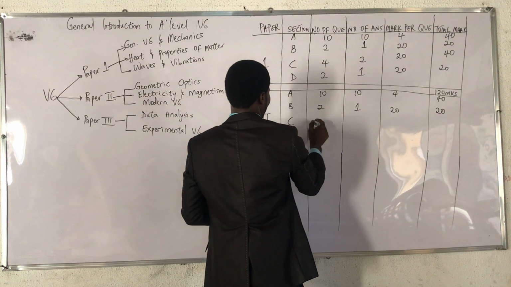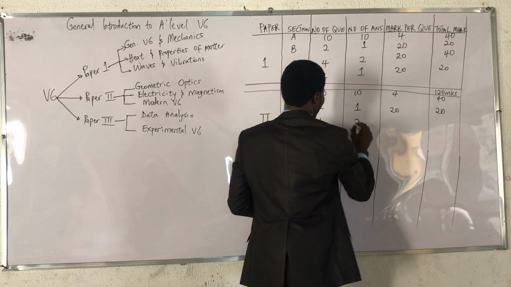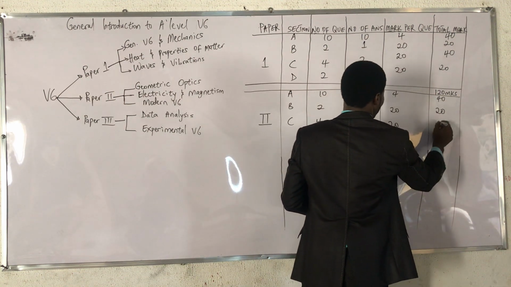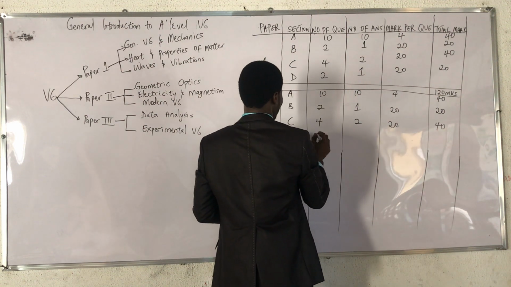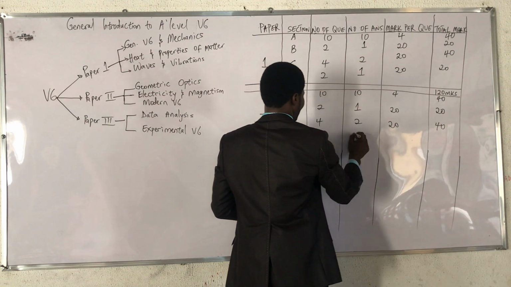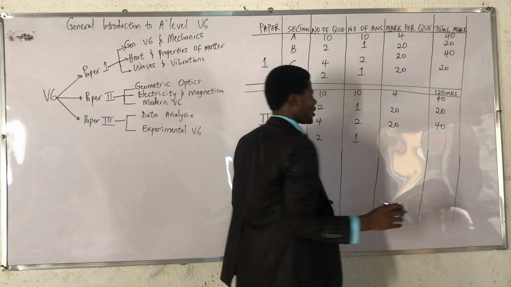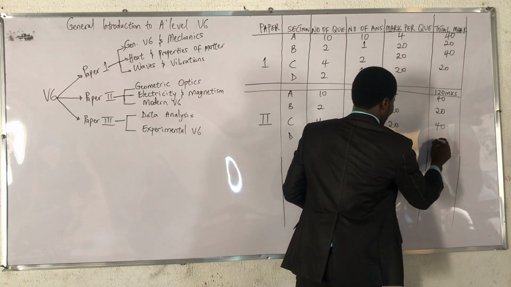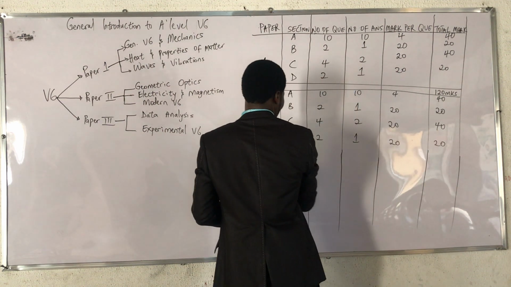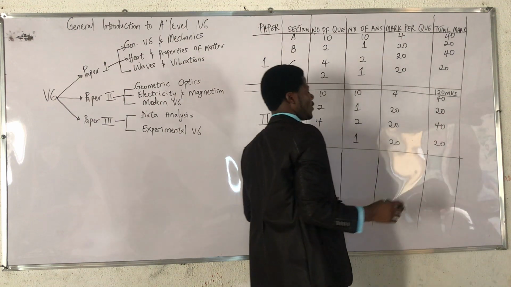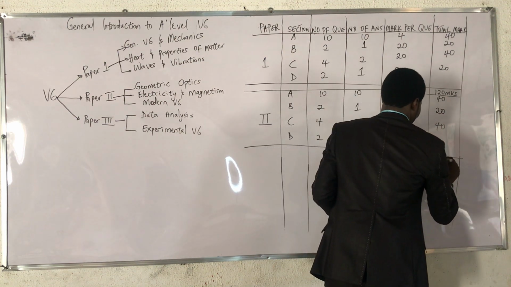Then section C, 4 questions, answer 2, each is 20 marks. Section D, 2 questions, answer 1, 20 marks as well. So paper 2 also, total obtainable marks there is 120.